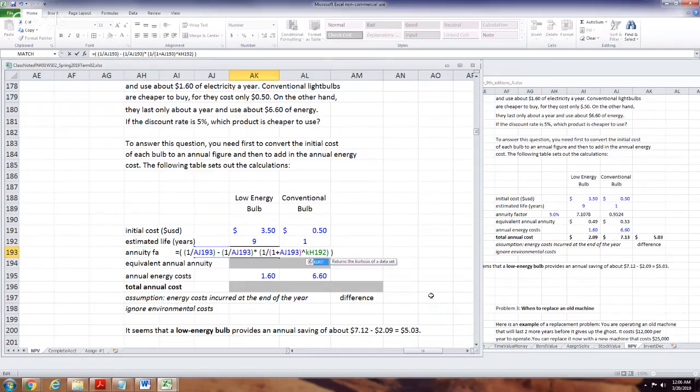AK 192. Yeah, did we get that right? Oh, pardon me, this is AK. There we go. There it is.